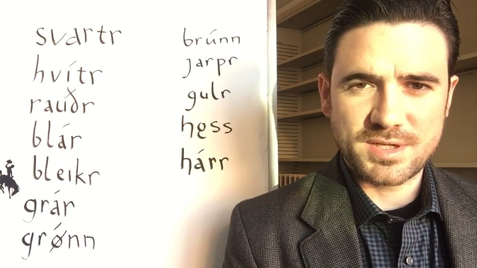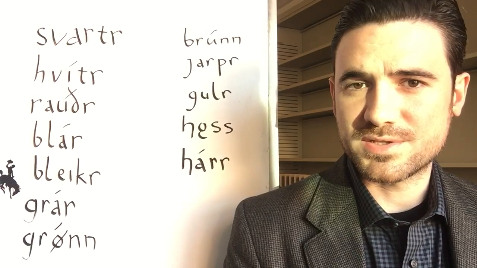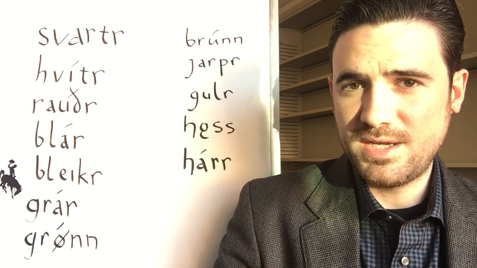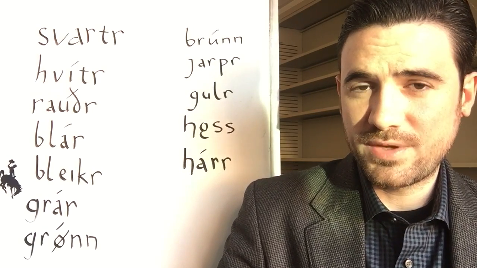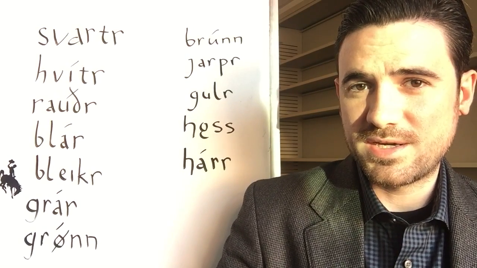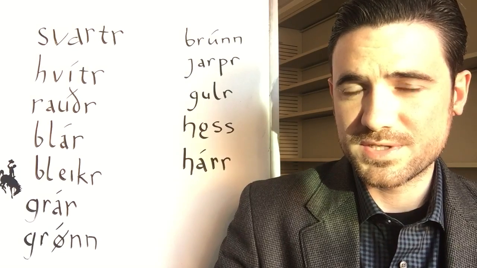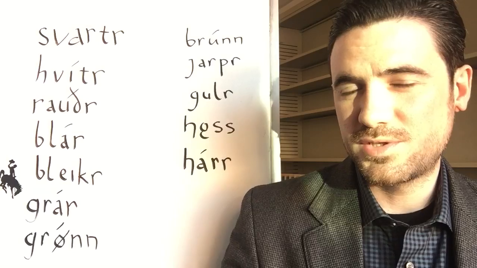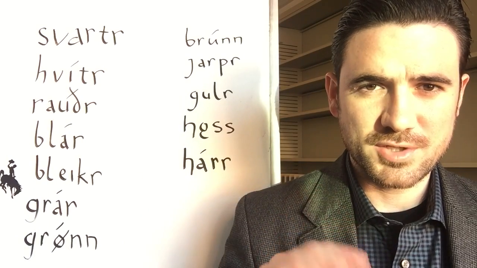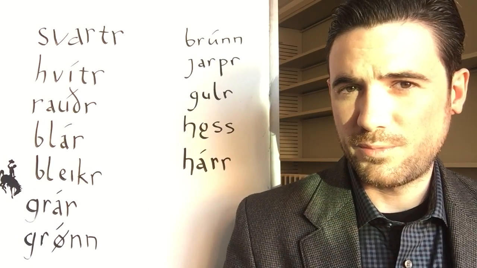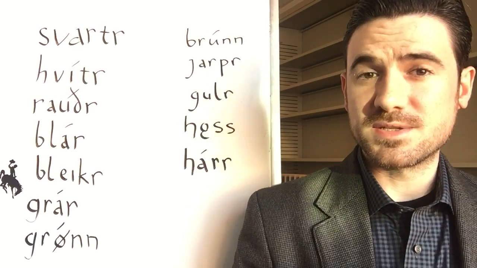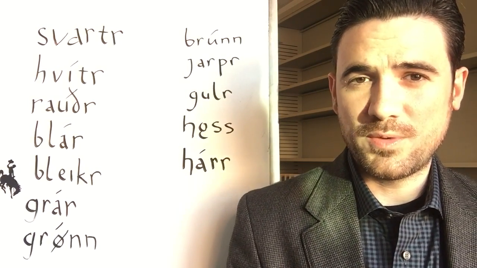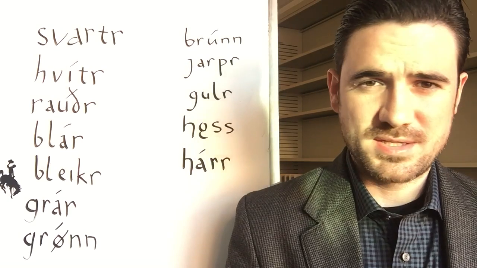On the subject of human color, I should mention that human beings are sometimes described as hvítur or white, but this does not mean Caucasian. For one thing, in the Old Norse context, there's very little reason to specify that someone is Caucasian. But for another thing, it's associated with two very different cultural judgments. We have to remember that in pre-modern societies, a person's tan or lack of tan was often a status symbol.